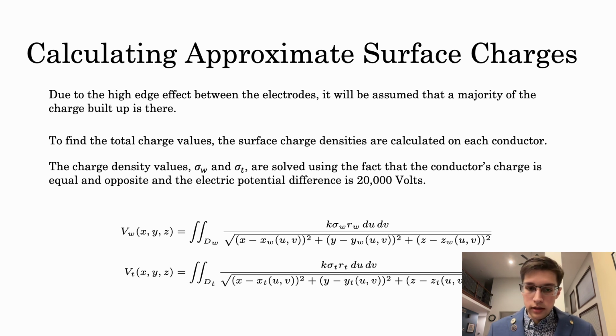The first one is the electric potential of the wire, and sigma W is the charge density of the wire. The electric potential of the tube is described in the second equation, and we will solve for sigma T, which is the surface charge density of the tube.